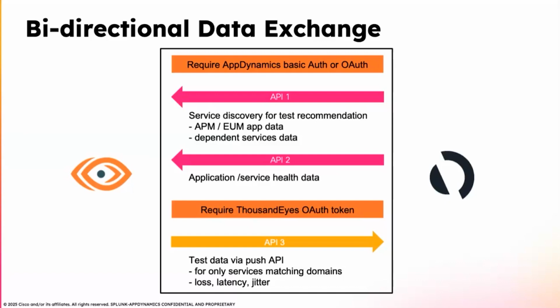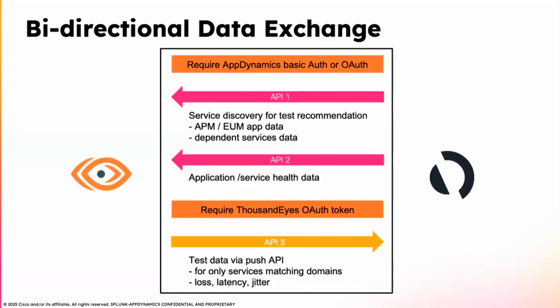So based on this data, ThousandEyes will recommend the tests for you to deploy. So this is the first exchange that happens, which is AppDynamics sending data to ThousandEyes on its applications, the services, as well as the domains, or I would say the pages that are getting monitored using end user monitoring. So based on this, ThousandEyes, you can create tests.